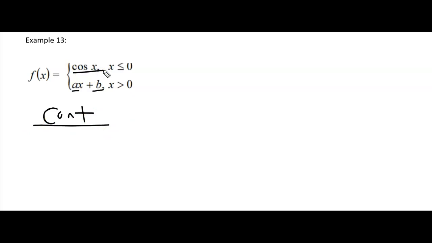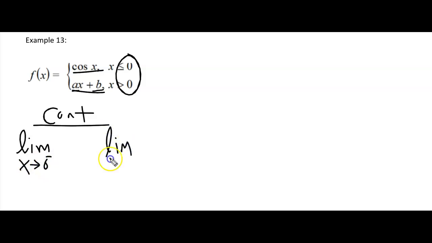Cosine is continuous everywhere. This is a linear function. Linear functions are also continuous everywhere. The only problem, therefore, where we might have a discontinuity is where those two pieces are connected, and that's at 0. So I need to make sure that the limit as I approach 0 from the left is the same as the limit as I approach 0 from the right.